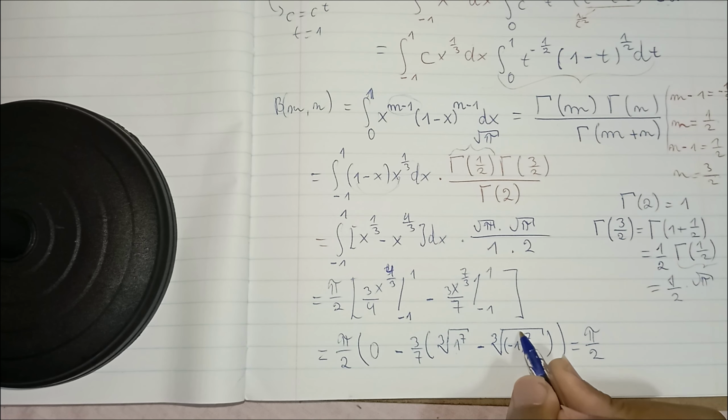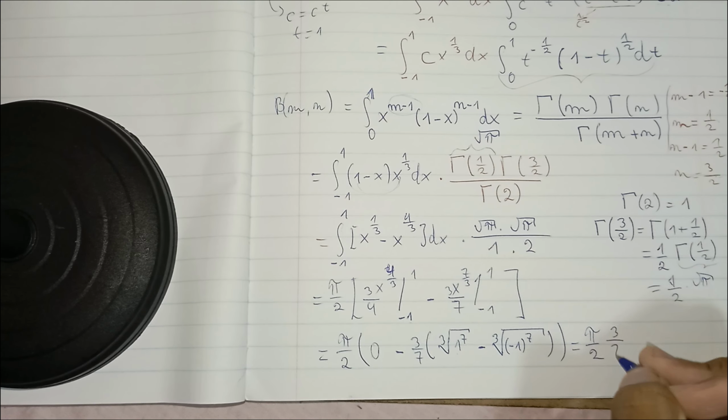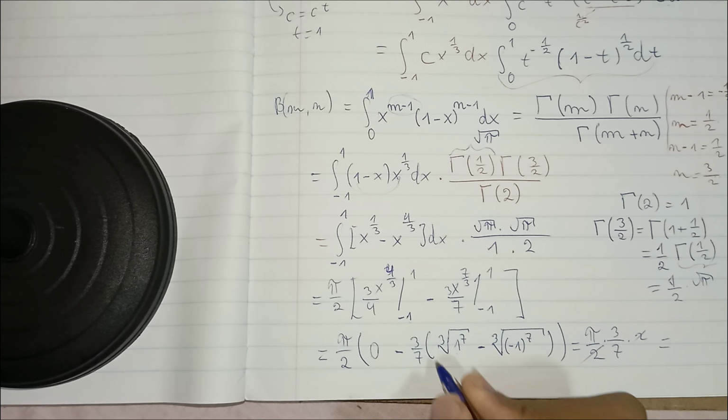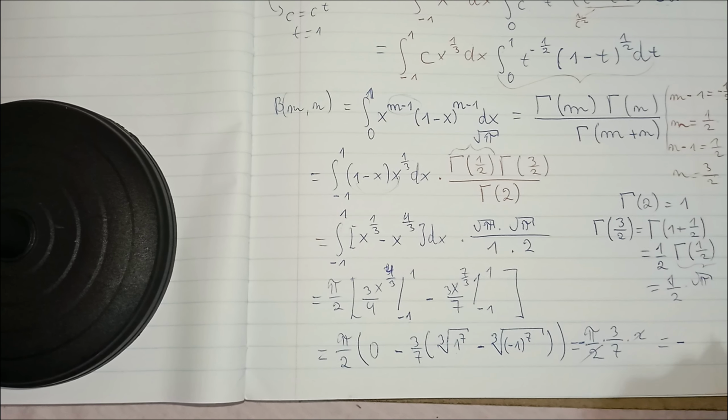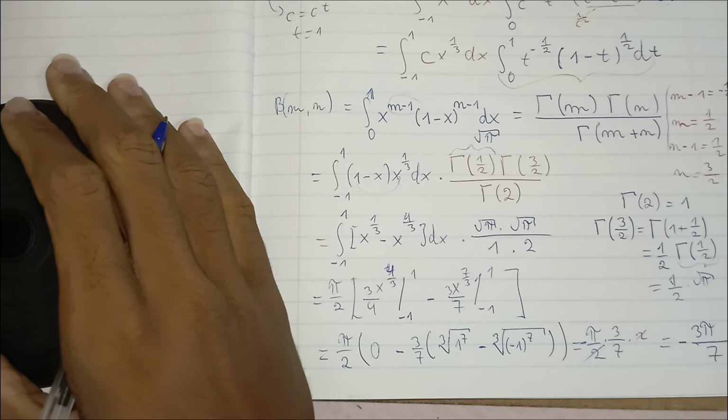Then here we get minus 1, and with this minus plus, we get 2. So we get this times 2. We can cancel out this and this. Hey, don't forget this minus here. So we get 3 pi over 7, guys. And bam.